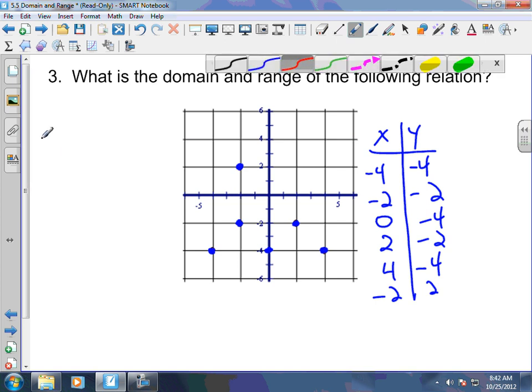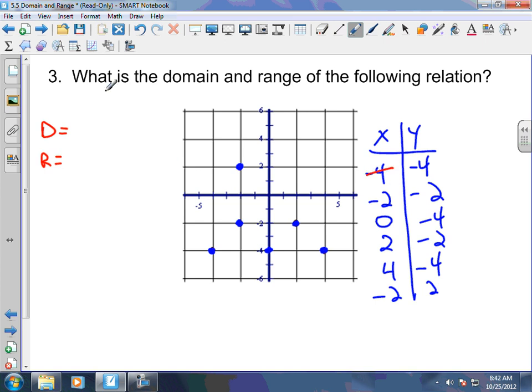So now I'm going to go D equals, R equals. I'm going to list my domain from smallest to largest, never repeat. -4 is my first one. Next, I have -2. Well, I have 2 of them, but I'm only going to write it once. Then I have 0. Then I have 2. Then I have 4.